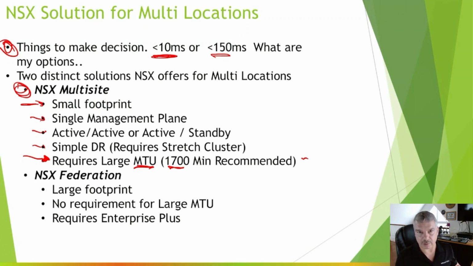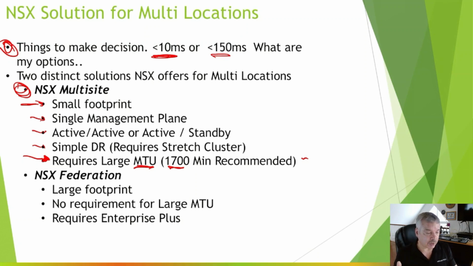Geneve doesn't provide for encryption. You have to provide that on your own, over whatever medium you're connecting your sites with. So we need that minimum MTU size of 1,700 between sites because we're going to be setting up Geneve tunnels between all the transport nodes on all the sites. That could be considered a disadvantage as well.